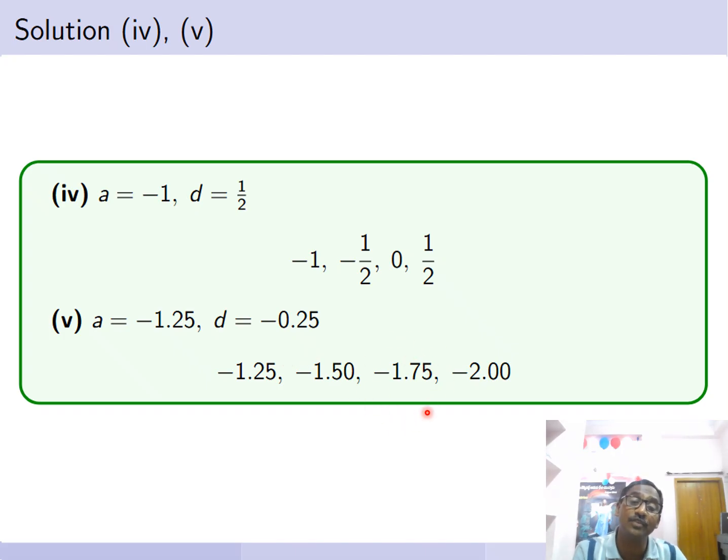Minus 1.75 plus minus 0.25, you will get minus 2.00. In this way also you will be able to do it. If you know the concept, you will be able to do it by using the formula. Otherwise, by just adding D to the previous term, you will be able to do it.